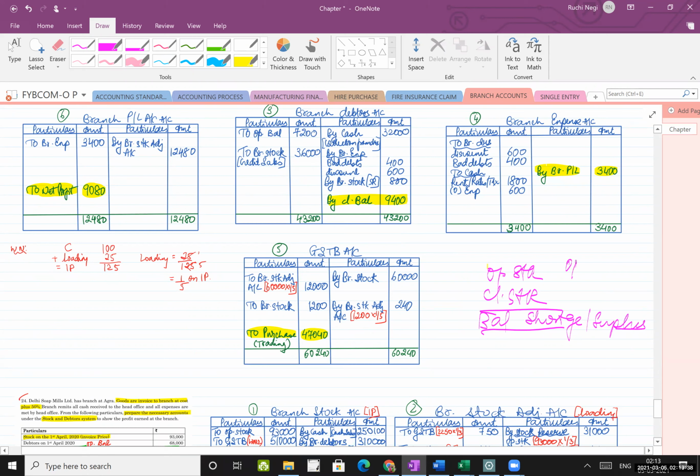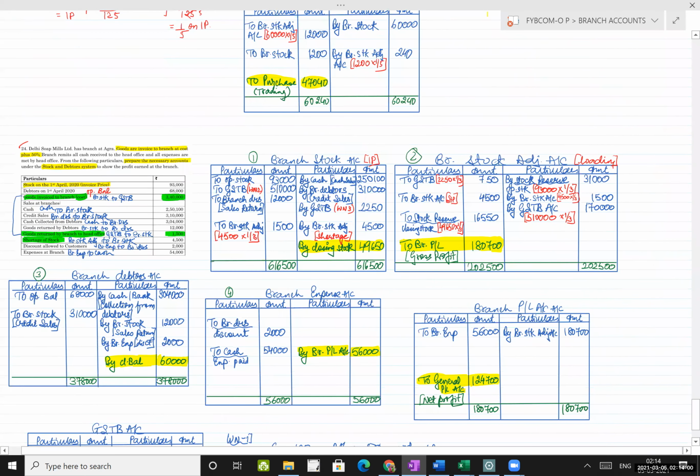Okay, and if opening stock is given to you and surplus is given to you, then balancing figure is closing stock. Similarly, if opening stock is given to you and shortage is given to you or surplus is given to you, again the balancing figure is closing stock only. Okay, so these minute details you have to remember, you have to keep it in mind.